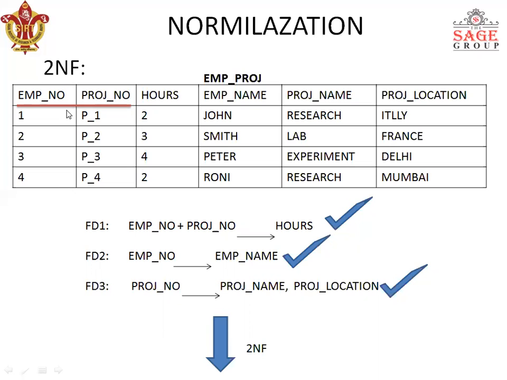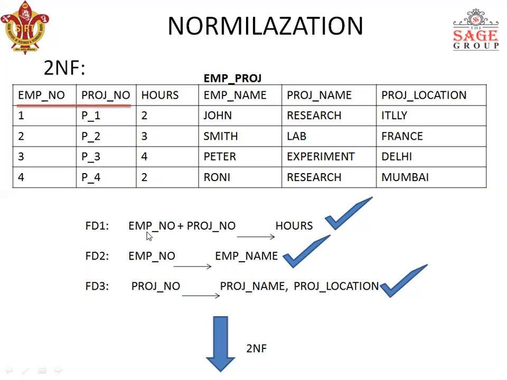In this example, we have 2 attributes, employee number and project number. These 2 attributes are a composite key, or a super key, which can uniquely identify all the other attributes of the relation, like employee name, project name, and project location. We have made 3 functional dependencies.